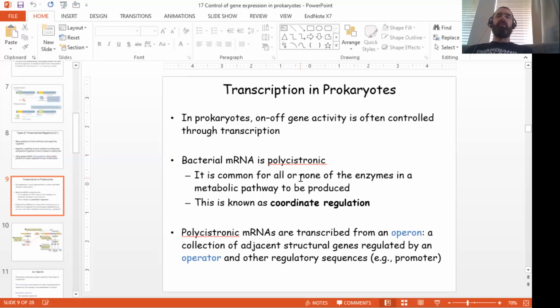And quite often, as we'll see when we go through the lac operon and the trp operon, for each operon there are typically two ways of controlling the expression of that operon. You'll have a big on-off switch, essentially, right?